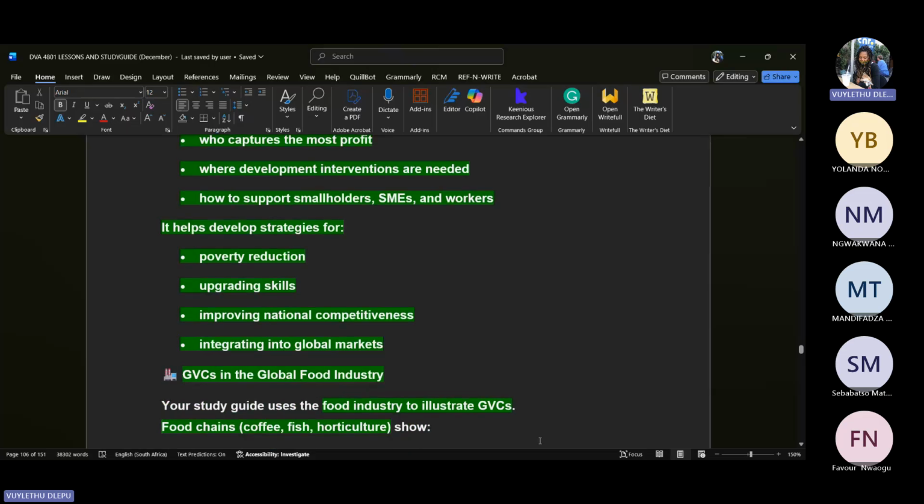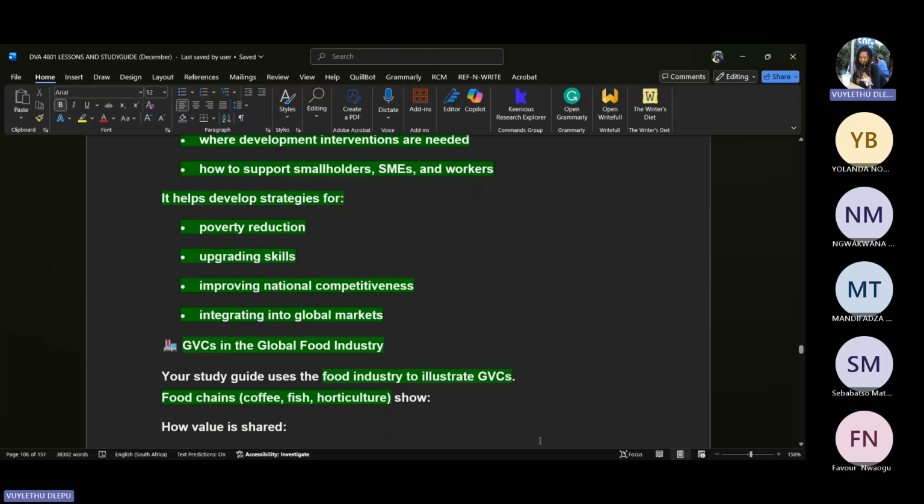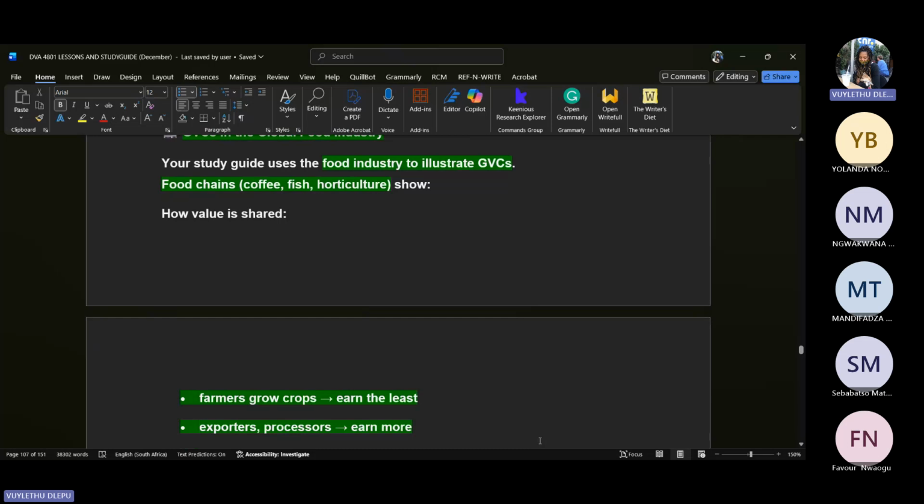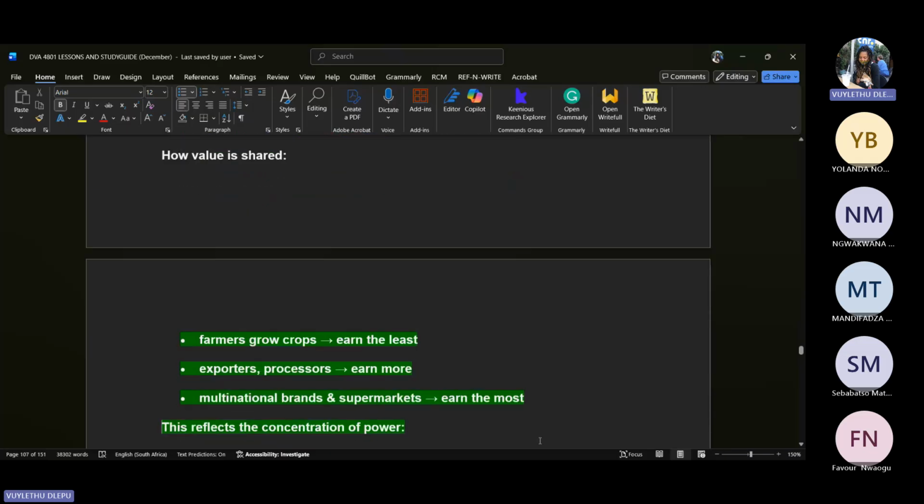And then within the global food industry, it tells us that they use the food industry to illustrate GVCs, like food chains. They use coffee, fish, and horticulture, and it shows how value is shared. Farmers grow crops and they earn the least. Exporters and processors earn more.